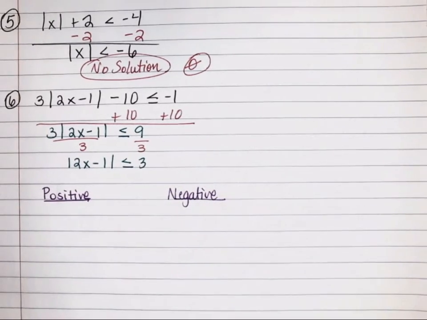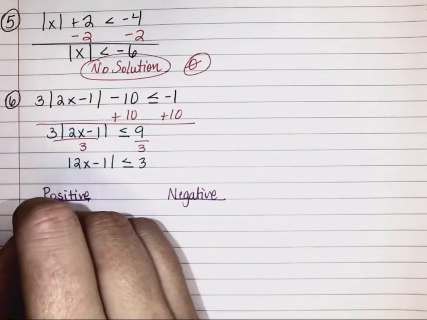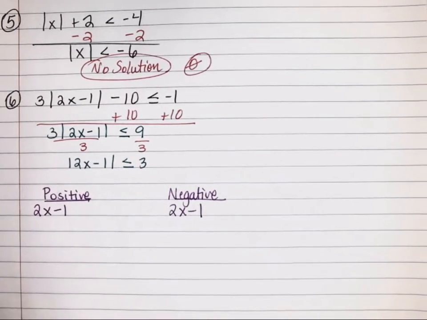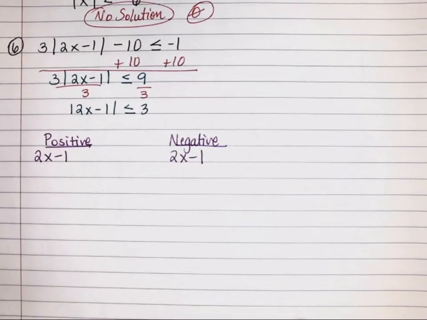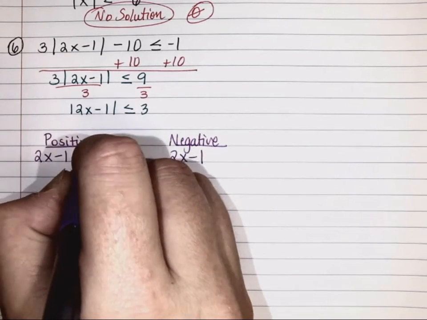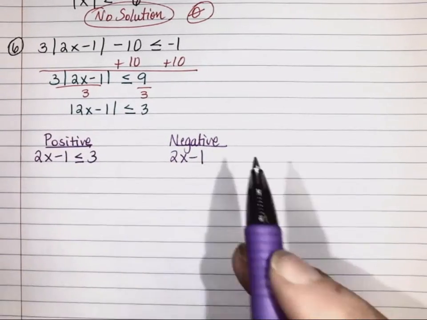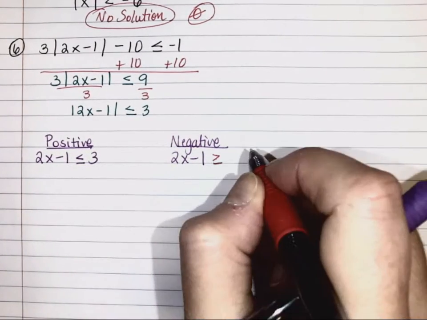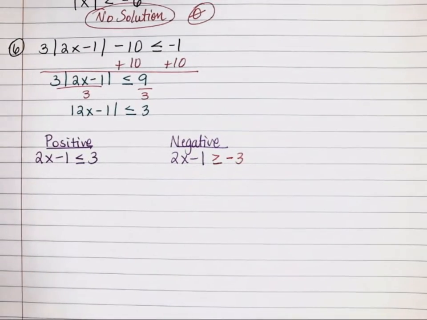The absolute value always stays the same. So you're going to keep the 2x minus 1 the same in both cases. But I drop absolute value. This part, if it's positive, I keep that symbol, say less than or equal to 3. But when it becomes negative, notice here that I flip that symbol, say greater than or equal to negative 3.